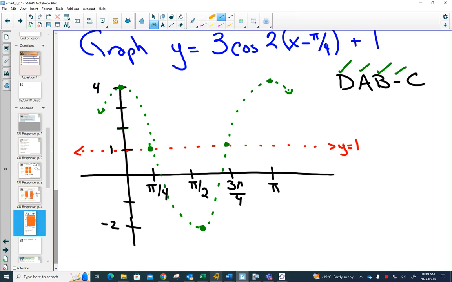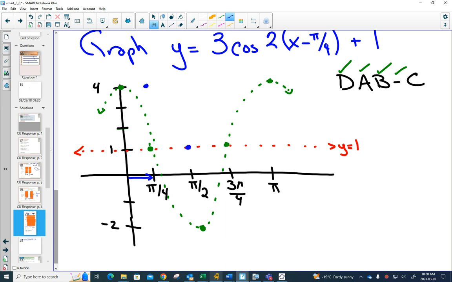Finally, we get to our C value. Our C value says we need to shift everything pi over 4 to the right. So we look at our scale. Pi over 4, luckily for us, is already labeled on the scale. So we know that pi over 4 to the right would be moving everything 1 tick mark to the right. So I take this top point and I move it over.